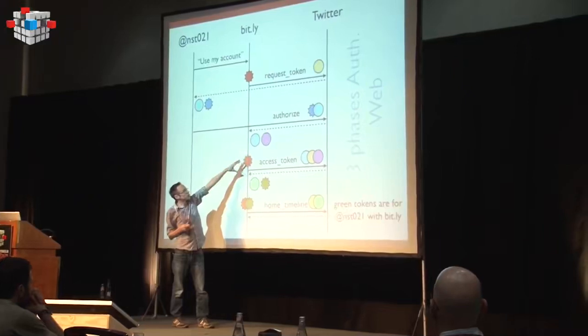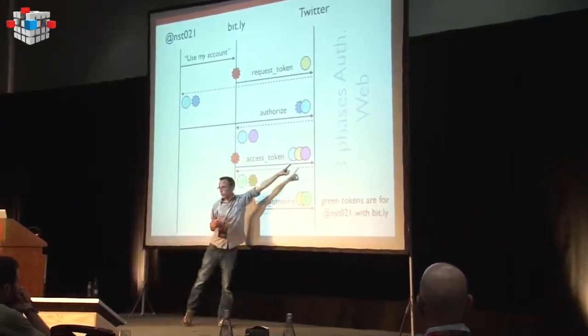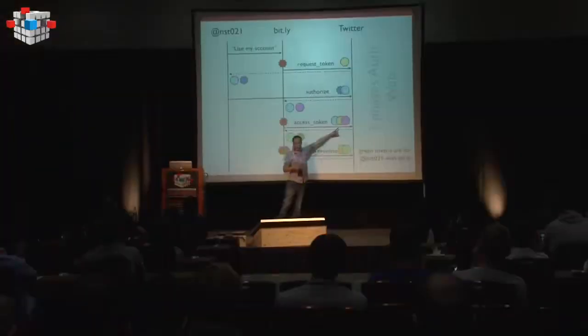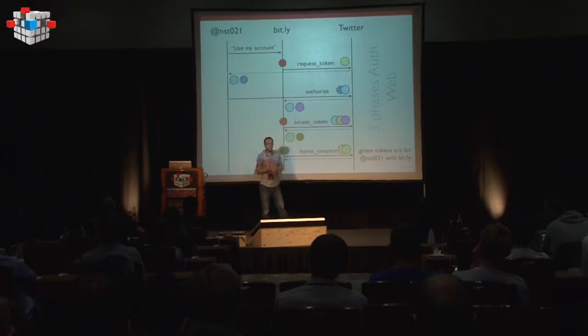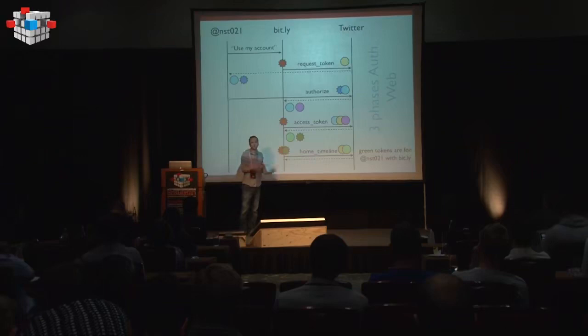And if you think about it, at this point, the third-party service can prove to Twitter that you have authorized him to use your account, but you've never sent your password. You've never given your password to the third-party service. So that's what OAuth is about. You have authorized a third party to use your account, but you did not send your password.